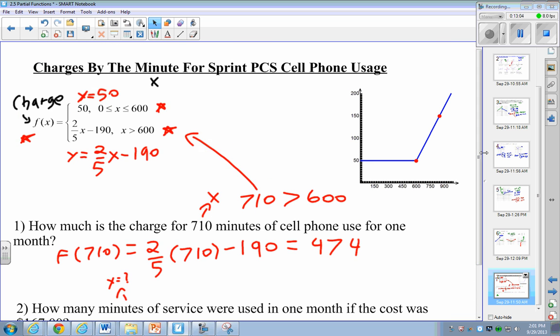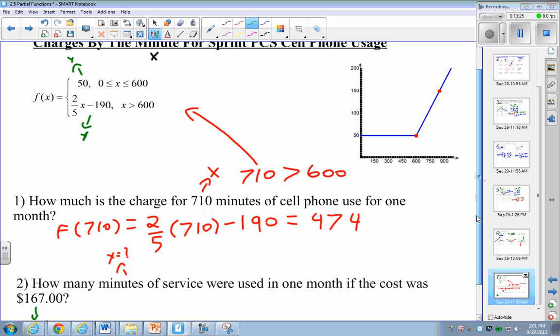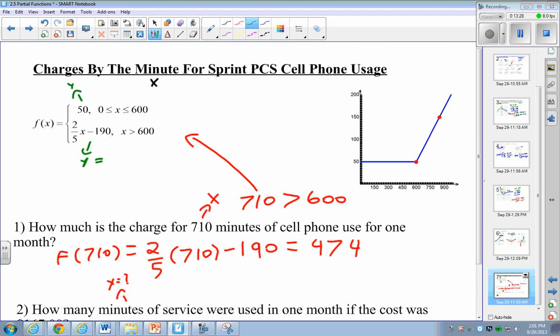So we look at our function. I'll go ahead and erase all this. This is our y, and this is our y. And now our y, or f of x, is equal to 167. And so for this one, since this y is only equal to 50, it can't be this one.